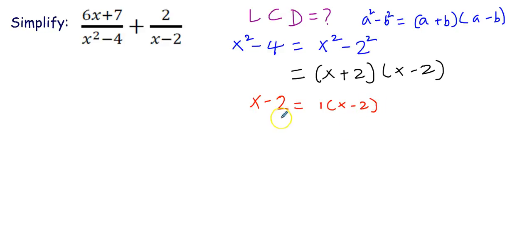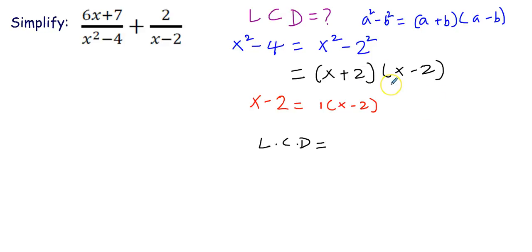Alright. Then, what is the least common denominator between these two denominators? To find the least common denominator, first we have to look for any factors which are common between those two. So, do you see something common here?